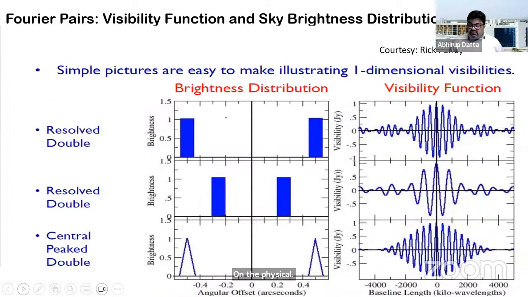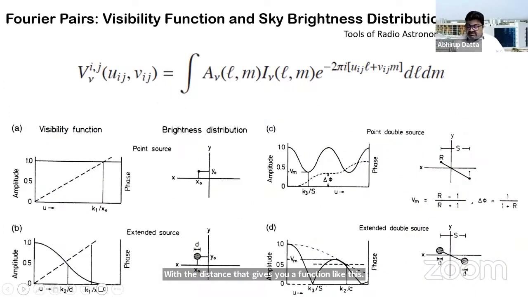So you have 2 extended sources separated by a distance that gives you a function like this, and so on. So essentially, this is all nothing but a Fourier pair: the visibility given by this and the sky brightness.